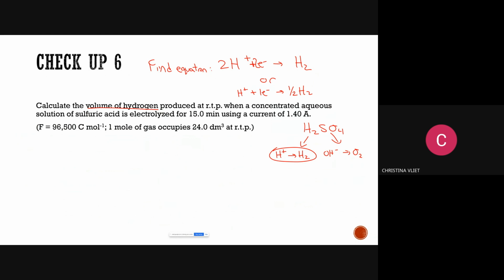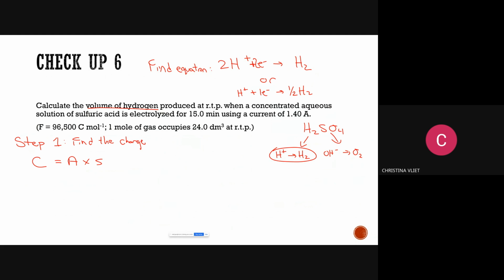What's the next thing we should do? We have an amount of time, we've got a current, and we're looking for how much hydrogen. What should we find first? Step 1 is find C, right? Find the charge, which in physics they call that Q. Q is the unit for charge. So I'm going to go ahead and find my coulombs, which I need my amperes times my seconds.